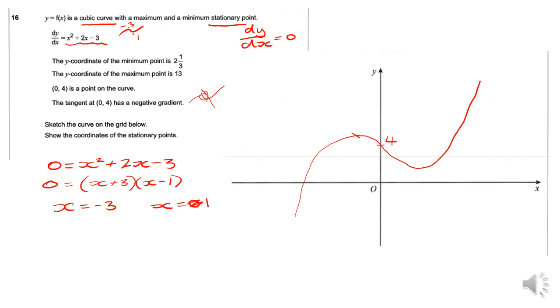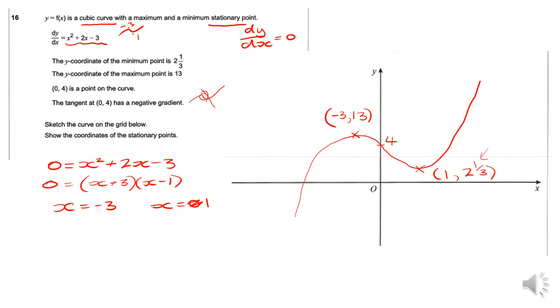I know that here, let's call this the maximum point, that's got an x coordinate of -3, and if I look back at the information it gave me about y's, the y coordinate of the maximum is 13. And then I also know that here, on the minimum point, x is equal to 1, and the y coordinate of the minimum point is 2 1/3. So that's how my graph must look.